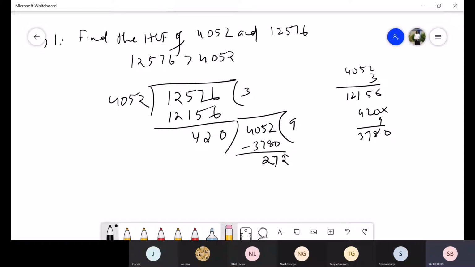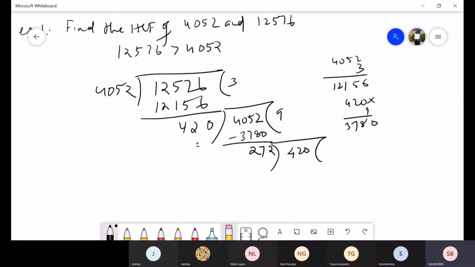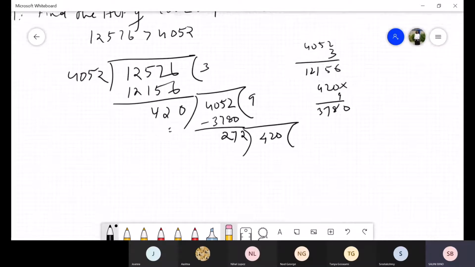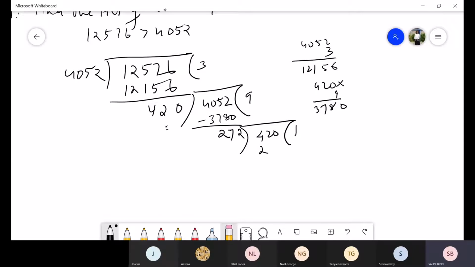Again you have to continue. Put 420 as the dividend. 272, how many times will it go? Maximum it can go up to 1 time only. Subtract, then you get 148.